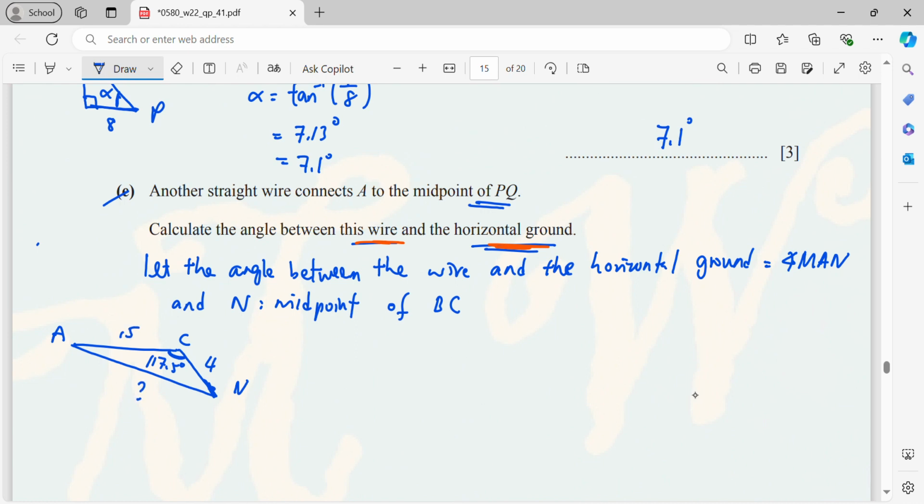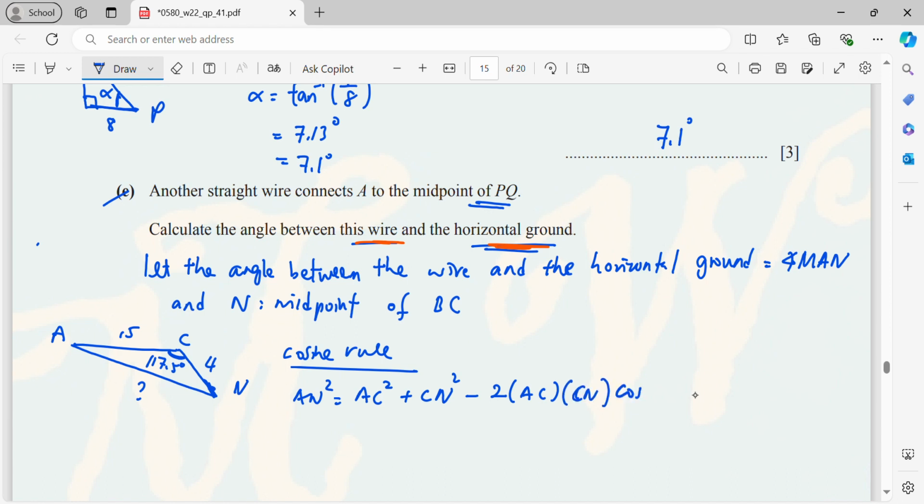So for my AN, I can use the cosine rule. AN squared equals AC squared plus CN squared minus 2 times AC times CN times cos 117.5.